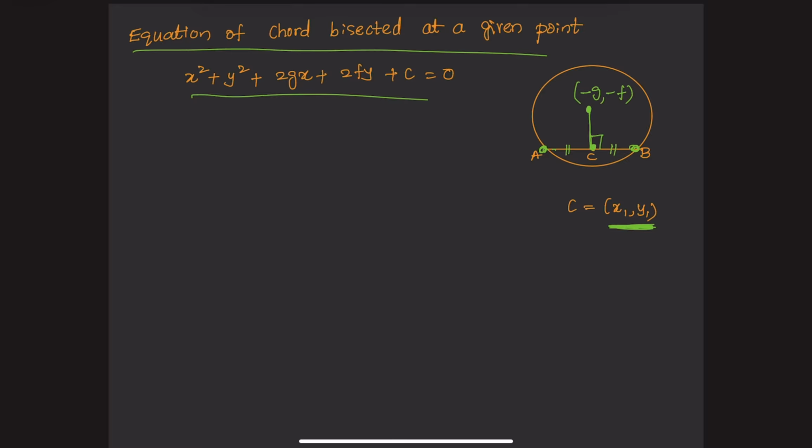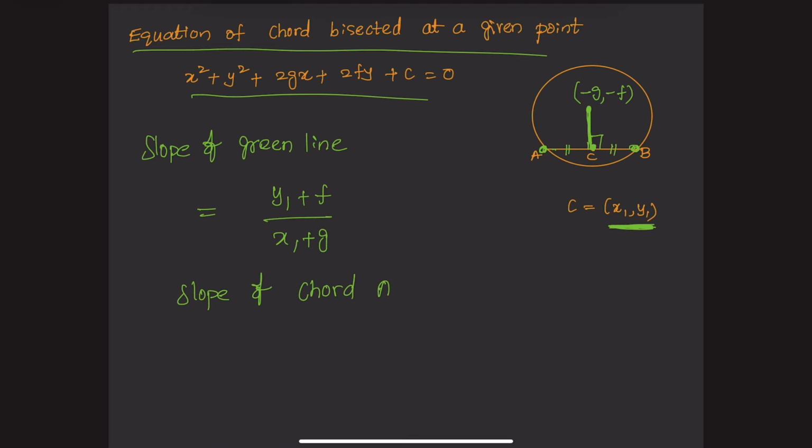Now the slope of this green line will be y1 plus f upon x1 plus g. Then slope of chord AB will be minus of x1 plus g upon y1 plus f.